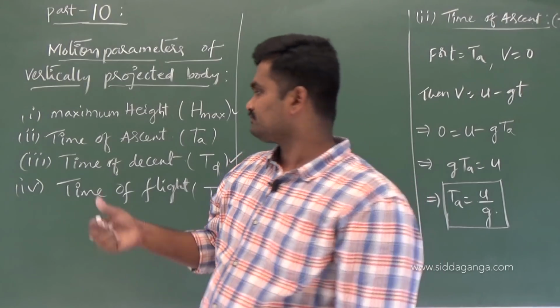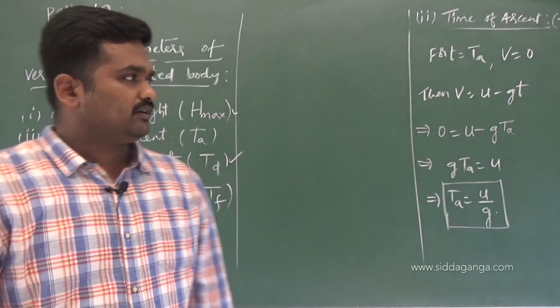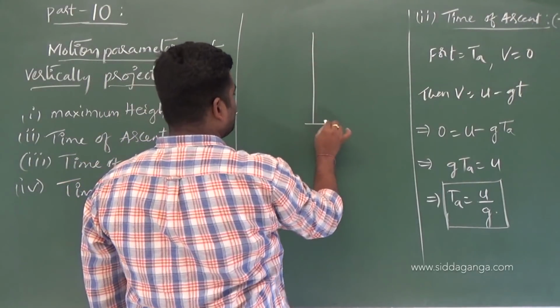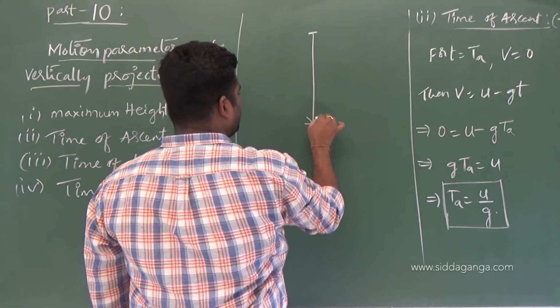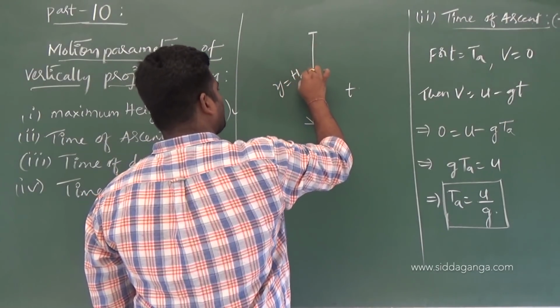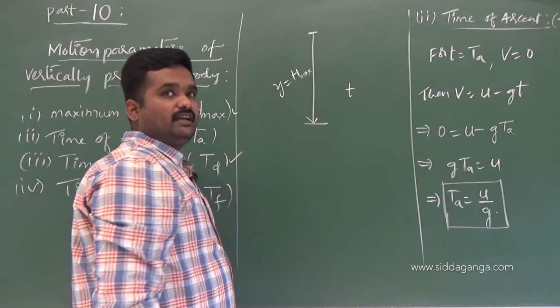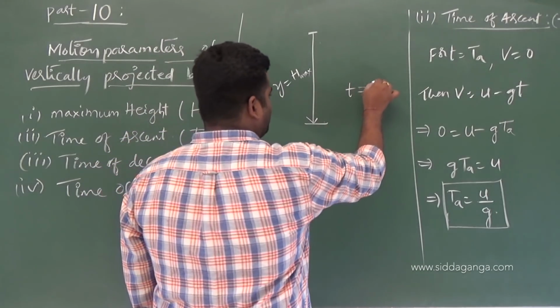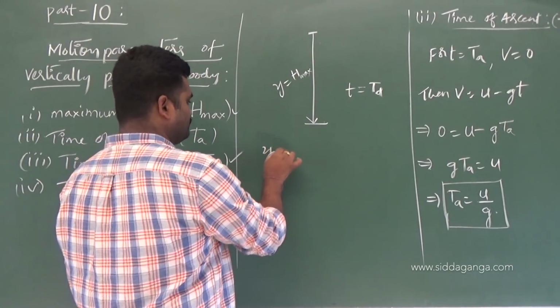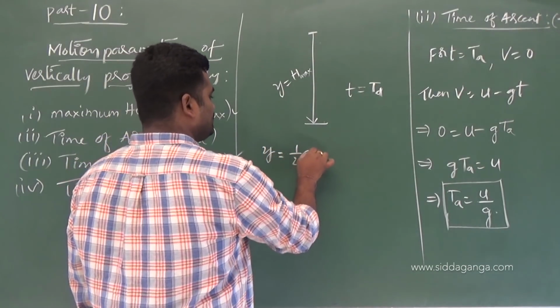The time taken from maximum height to reach the point of projection is the time of descent. So how to write the expression for time of descent now? What is the displacement it travelled from here to here? Y is nothing but H maximum, right? Then the time taken to travel is the time of descent. You know this relation, y equals half gt square.